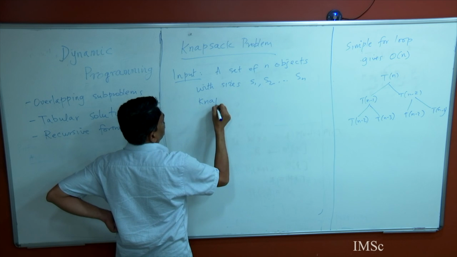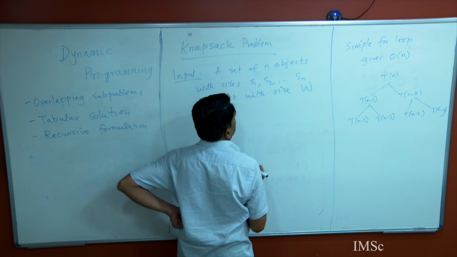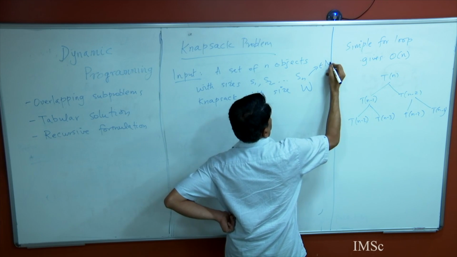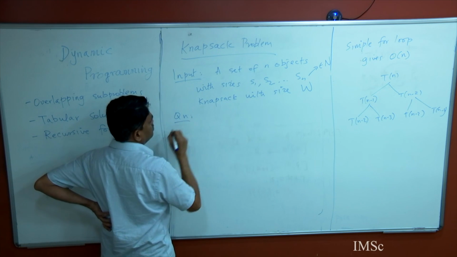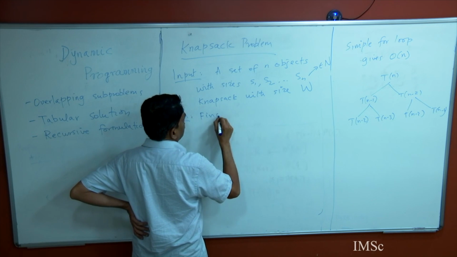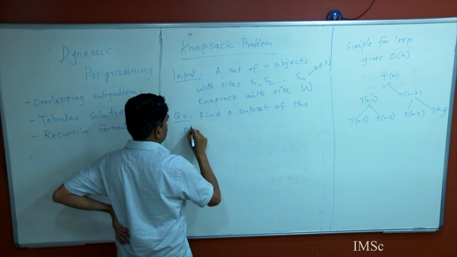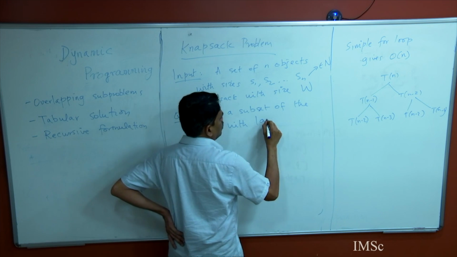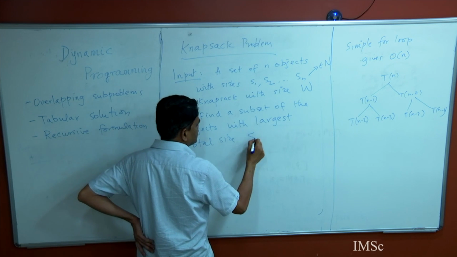And you have a knapsack with capacity or with size W. These are integers, natural numbers, and the question is: find the subset of the objects with the largest total size but less than or equal to W, right.